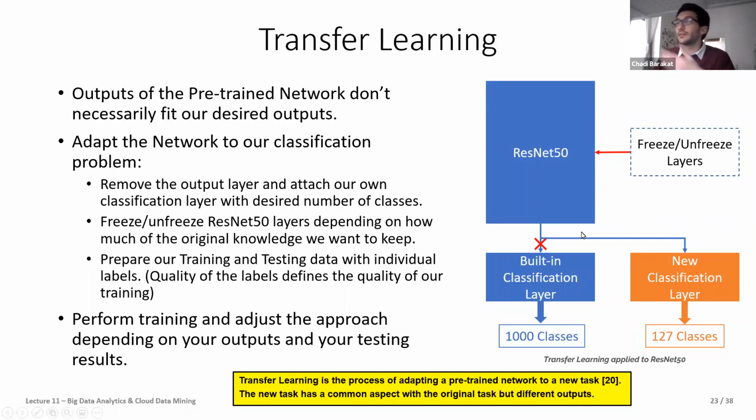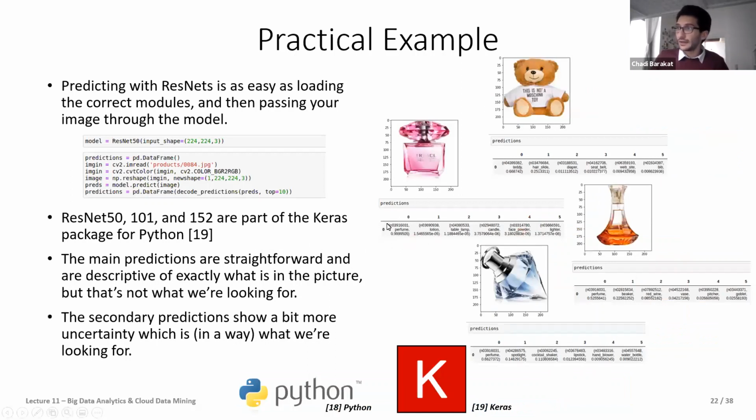Well, to do that, you have to first run your own data through this network and get outputs like these, and then remove the things that you don't care about, including perfume, including hair slide, let's say including website, because let's be honest, what bottles look like websites? And then remove the things that we really don't care about, or the things that appear way too often.